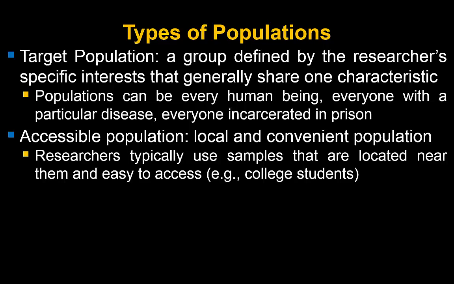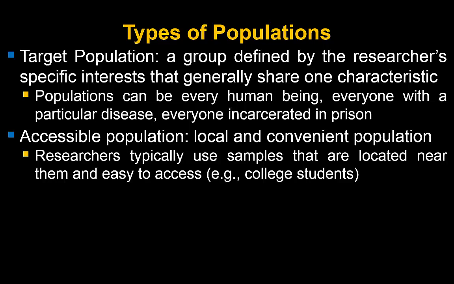So in the case of correctional institutions, these people are spending time in this institution because of a crime that they were proven to have committed. So a population can be everything. It can be everybody with a particular disease, every human being, every college student, whatnot.